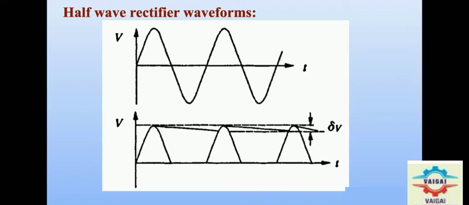And during negative half cycle, capacitor is discharged. The difference between charging and discharging voltage is called del V. During positive half cycle, diode is forward biased and the capacitor is charging. And during negative half cycle, diode is reverse biased and it is discharged.